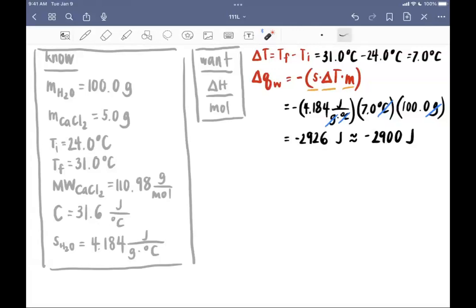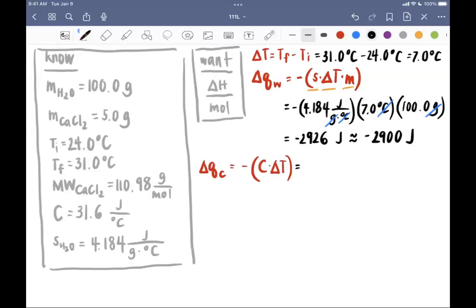Now we want to take a look at the heat absorbed by the calorimeter. So the change in heat for the calorimeter is going to be expressed as negative heat capacity of the calorimeter times the change in temperature.